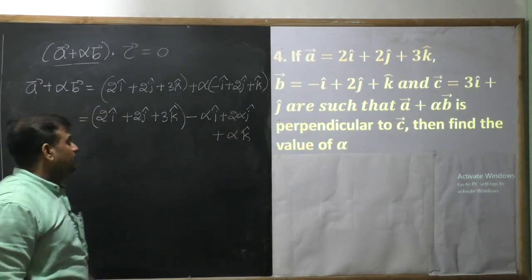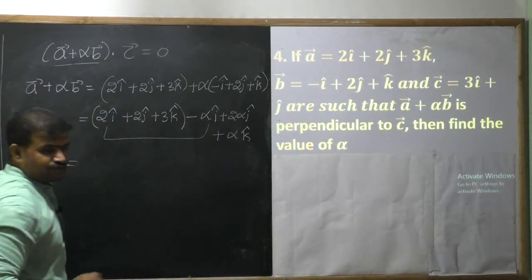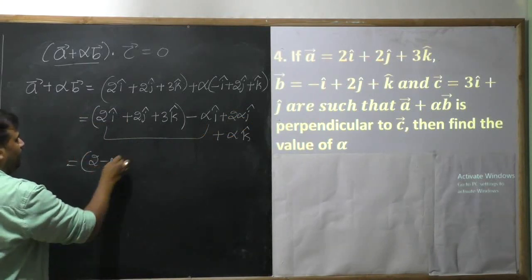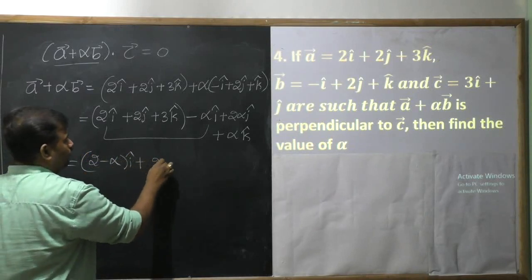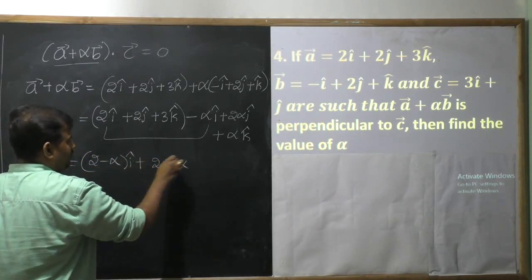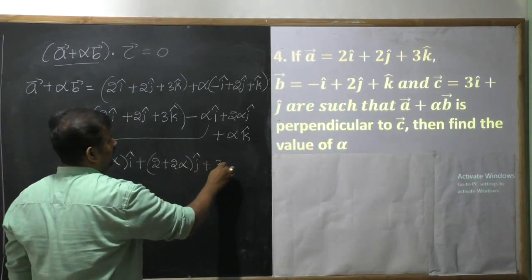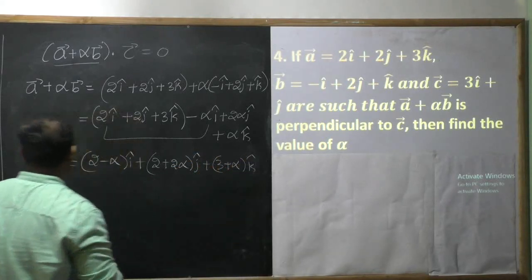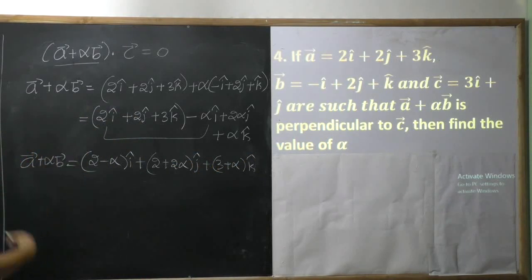Combining, this is (2 minus alpha) i cap plus (2 plus 2 alpha) j cap plus (3 plus alpha) k cap. This is vector a plus alpha into vector b.